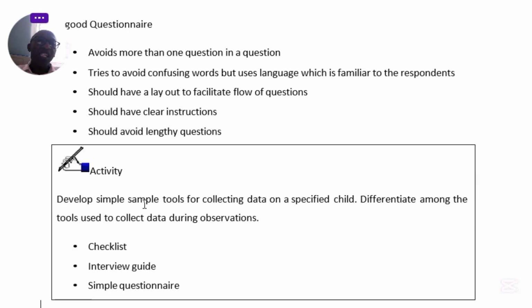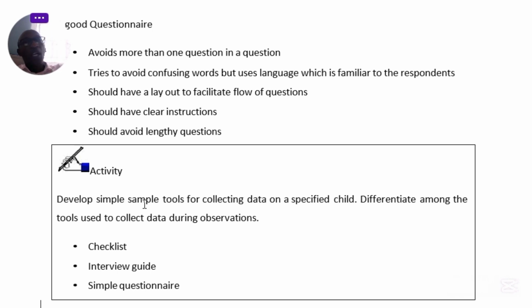Now, what is a good questionnaire? What makes a questionnaire good? One, you should avoid more than one question within a question. Let one question identify information on just one aspect. Two, avoid using confusing words.